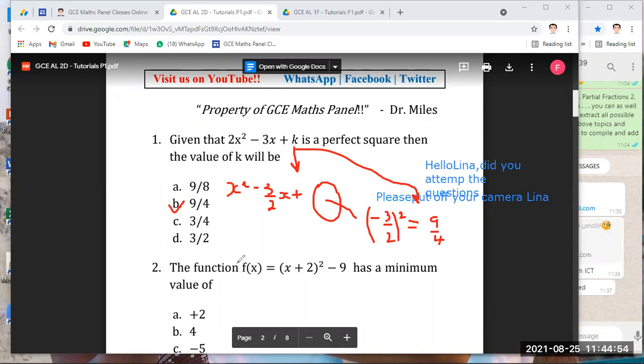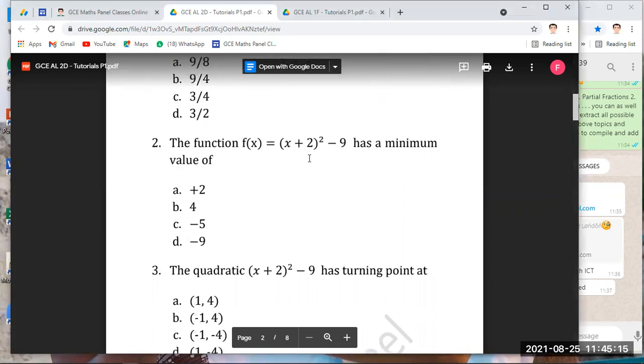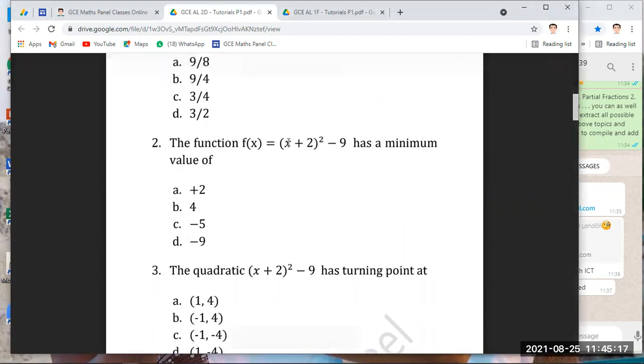Now the second question, the function f of x equals x plus 2 all squared minus 9. This function has a minimum value of... So for us to have the minimum value of this function, we just look at it directly as it is like this.